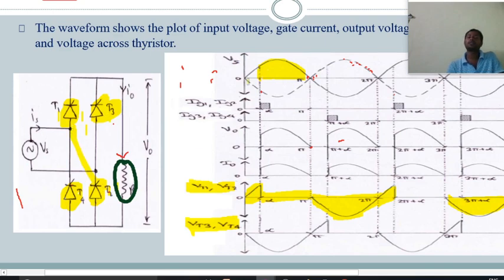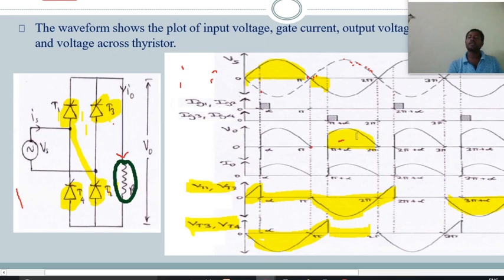Whatever voltage is applied across these two terminals will be negative voltage. So this is the voltage which is applied across T3 and T4 when the thyristors T1 and T2 turn on. So this is the area of the output voltage where T3 and T4 will be turned on.